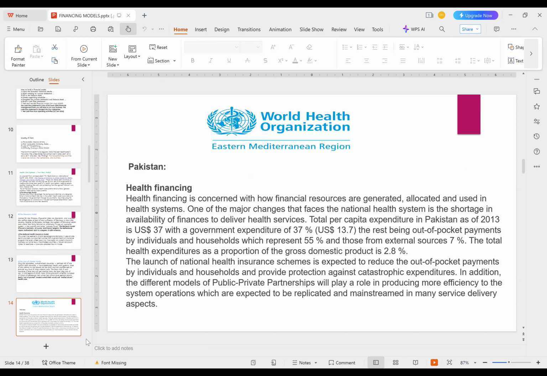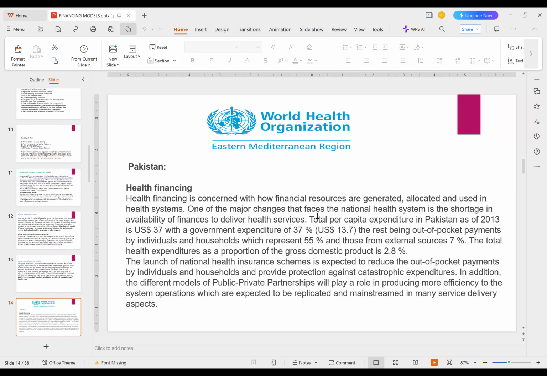The World Health Organization, in the sub-region classification EMRO, has devised the health financing system for Pakistan and compared it for all of the expenditure. And it states, for the 2019 update, that health financing is concerned with how financial resources are generated, allocated, and used in the health system.